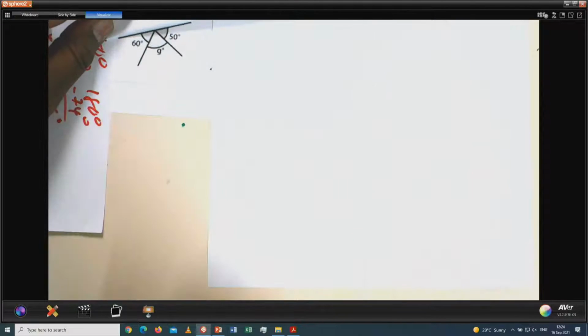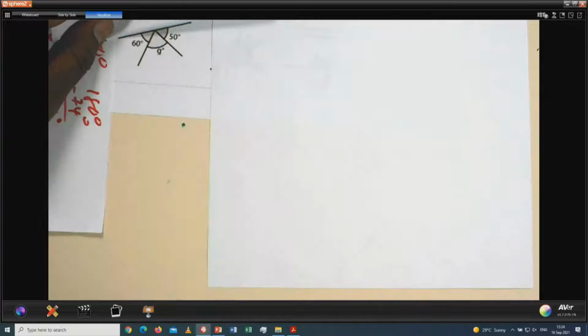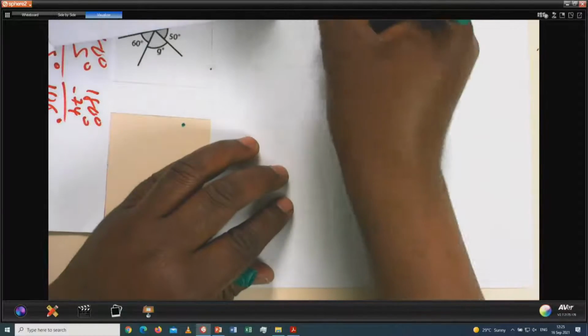What are you given? There is a straight line, and angles next to each other, neighboring angles. What happens normally on a straight line? It equals 180 degrees.